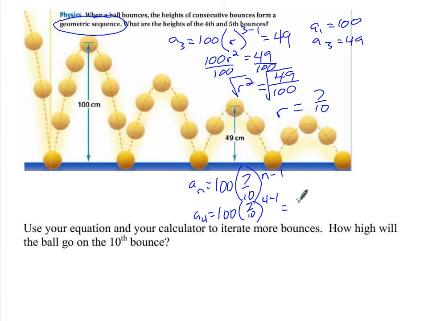Give me a decimal. What is it? 34.3. Okay, and then a sub 5, same way. You've already entered in a sub 4, so all you've got to do is go up and change your exponent. 100 times 7/10 to the 5 minus 1 this time.